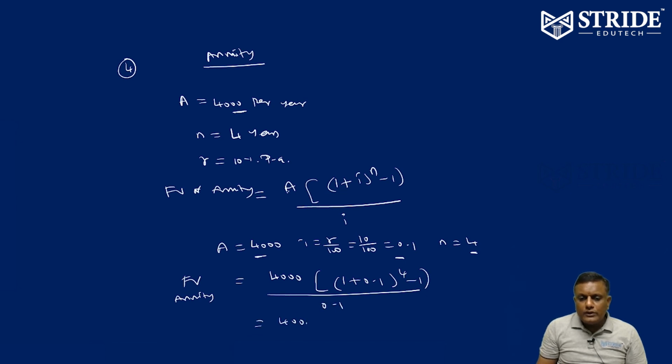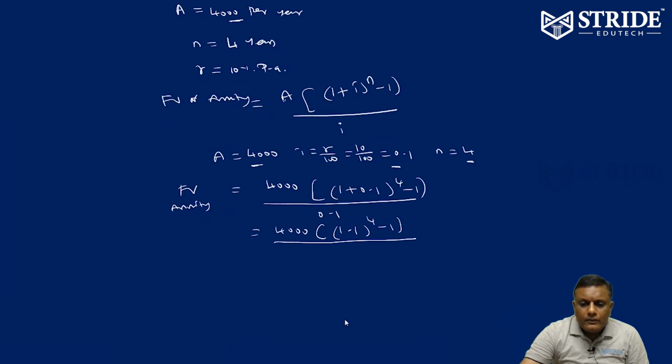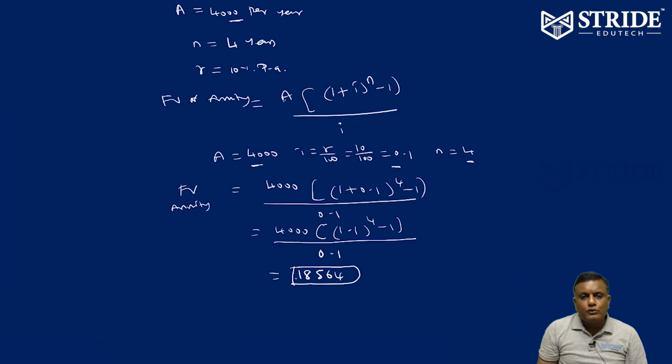So 4,000 into 1.1 whole power 4 minus 1; you have to find 1.1 whole power 4 minus 1, then divide by 0.1. On simplification you will be getting the answer 18564. This is the future value of annuity, 18564.